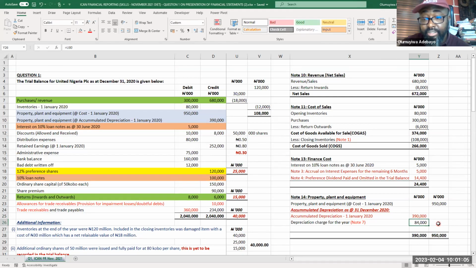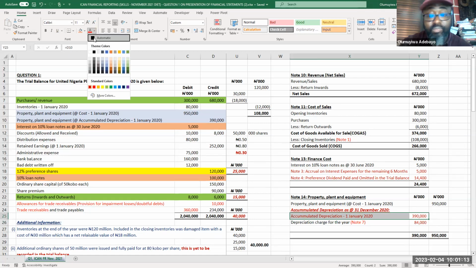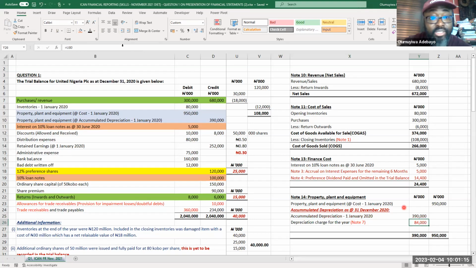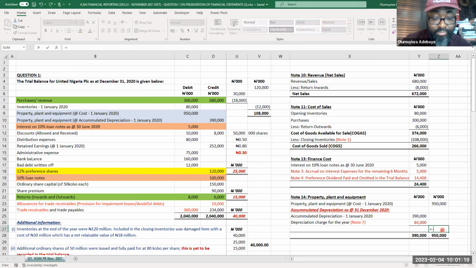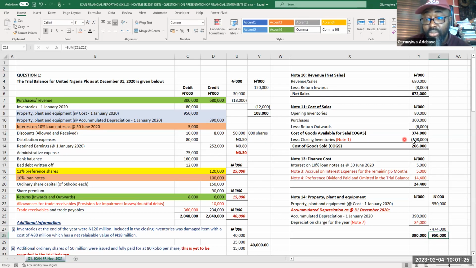Therefore, when you add the two together, what do you have? You have the accumulated at the end of the year that you want to deduct, which is 474.